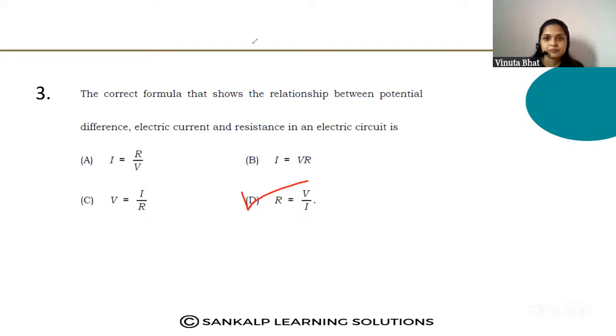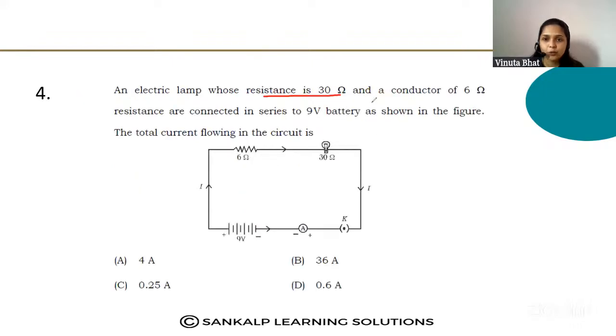Next question. An electric lamp whose resistance is 30 ohm and a conductor of 6 ohm resistance are connected in series to a 9-volt battery as shown in the figure. The total current flowing in the circuit is, so what is the total current you have to find out.